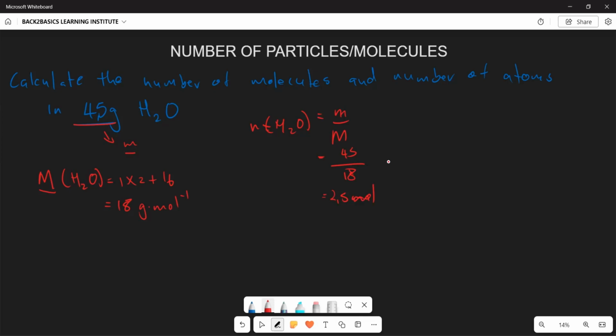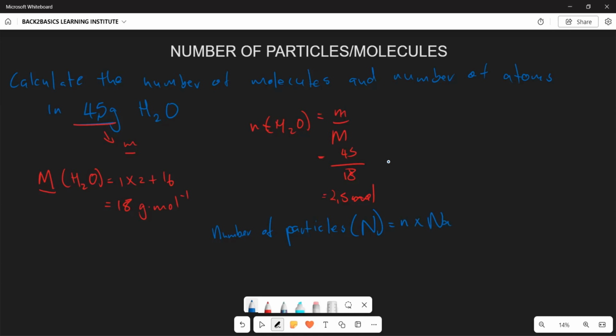Now you have 2.5 mole. But we know that this is not what we want when we calculate the number of molecules and the number of atoms. So we can come back to our formula, if you are looking for the number of particles. Your number of particles, which is your capital letter N, is going to be given by your moles and your Avogadro's constant.